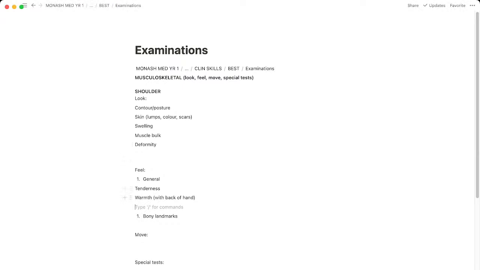Cool. Feel. I guess feel is in 2 parts. 1 is general. 2 is bony landmarks. What are the general ones? Tenderness, warmth, with back of hand. Okay, bony landmarks.